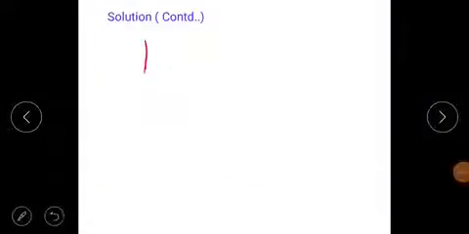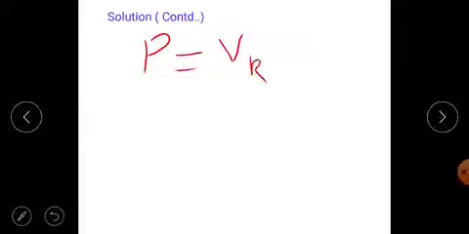That is, power is equal to VR IR cos phi r. So first we have to find the value on the receiving end side, I is equal to P by VR cos phi r.